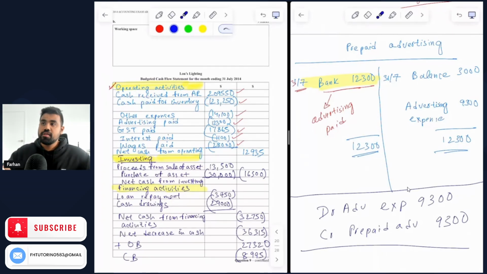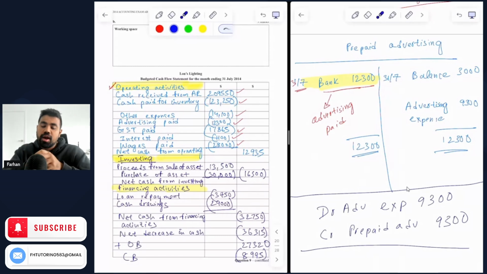Now let's discuss the next section of the cash flow statement, which is the investing activities. Investing activities only refers to purchases that we make for non-current assets or any sale of non-current assets.